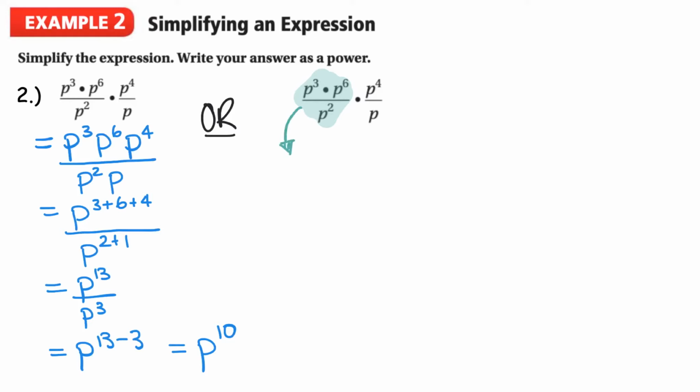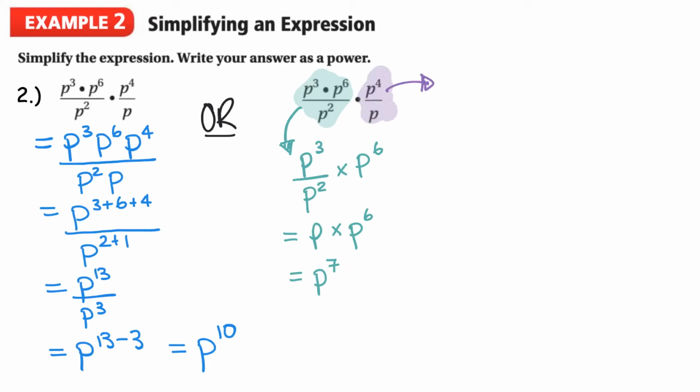I can split this up and put p to the power of 3 over p squared times p to the power of 6. So then if I did that, I had p to the power of 3 divided by p to the power of 2, which is just going to be p. And then I have p times p to the power of 6, which is going to give me p to the power of 7.